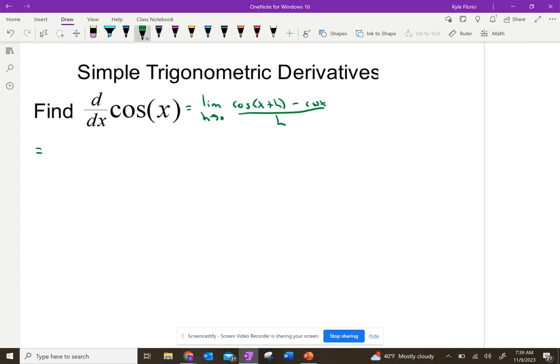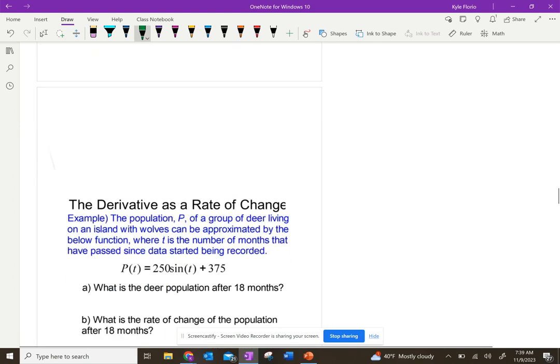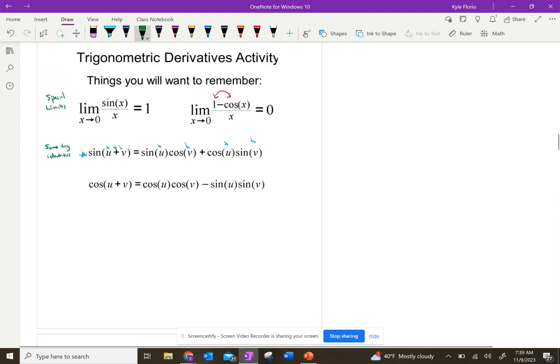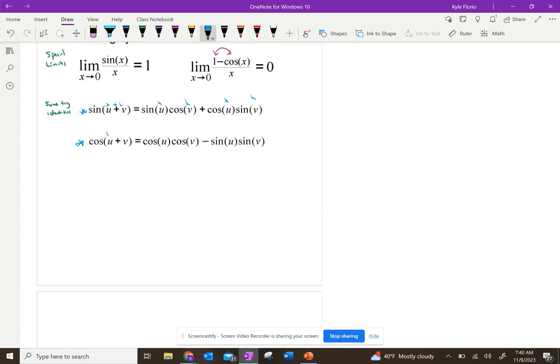And then cosine of x plus h, I need to use, where's the other trig identity? This one right here. So let's do this one in blue again, I guess. So cosine of, in this case, it's going to be x plus h.